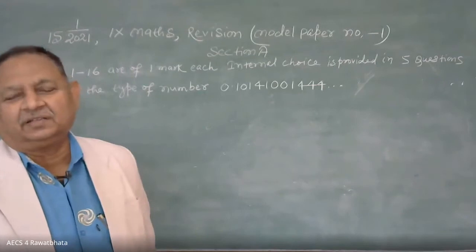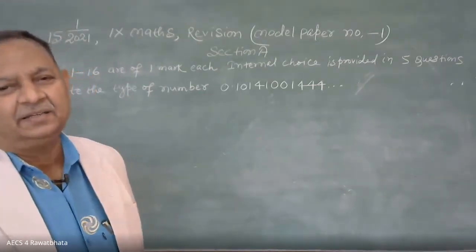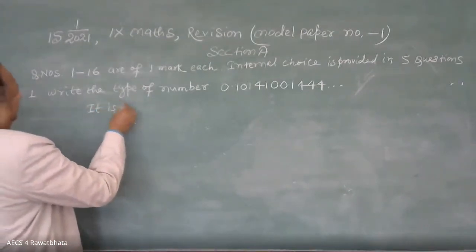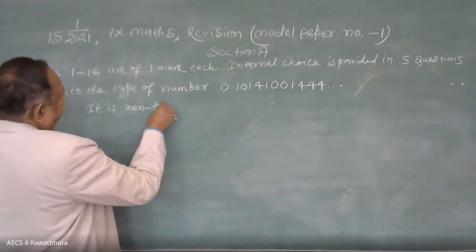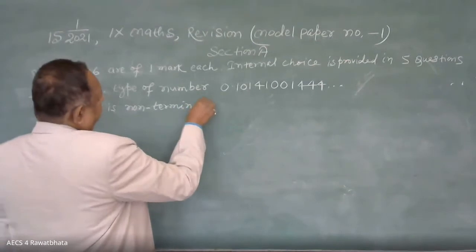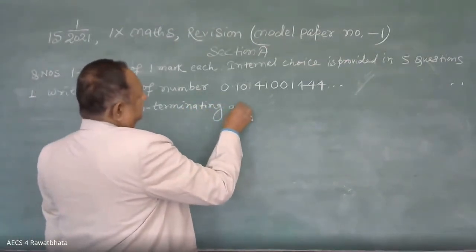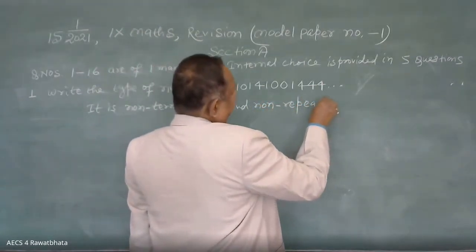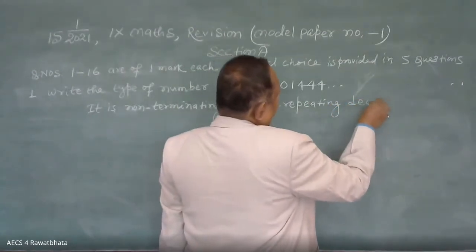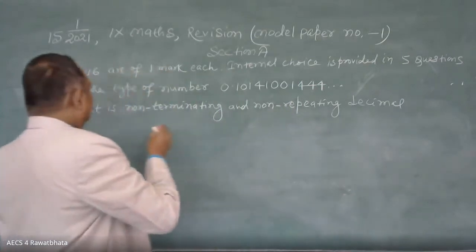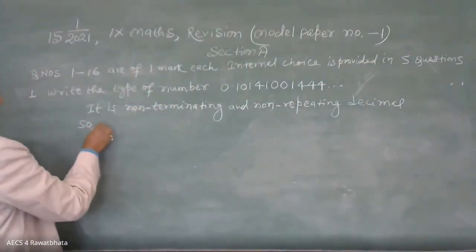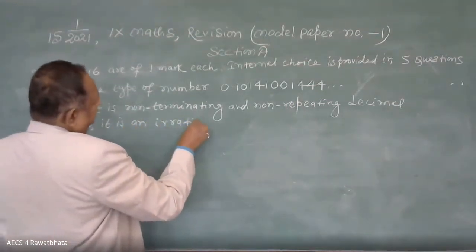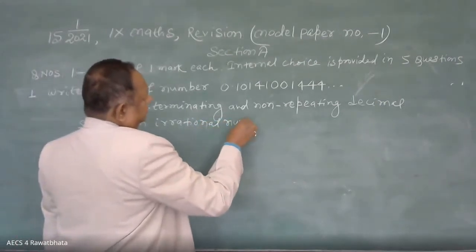And non-terminating, non-repeating decimal is an irrational number. So it is an irrational number.